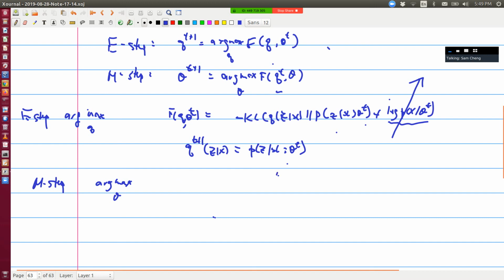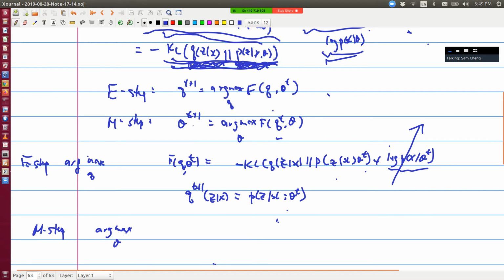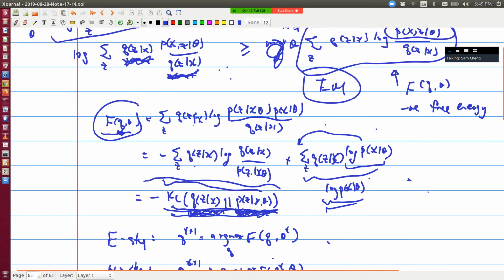For this one I will write another form. Remember, this is equal to this one here, and I can write the original as sum over c of q(c given x) log of p(x, c given theta), minus sum over c of q(c given x) log q(c given x).